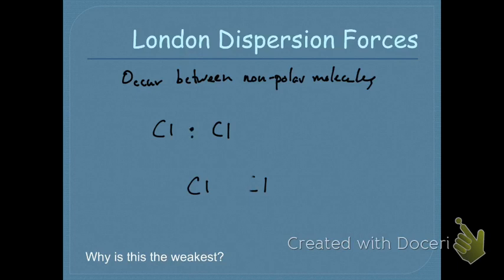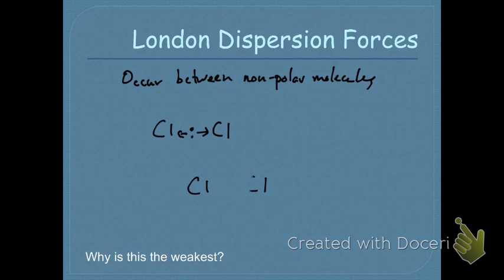Now, what you have to know is these electrons are not static. They're not just hanging out there. They actually move back and forth. Sometimes these electrons will move this way, sometimes that way. They go all over the place, and it's random.